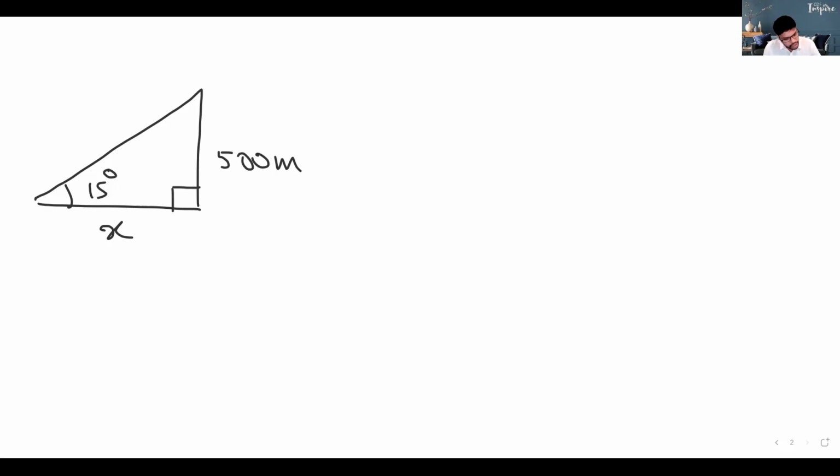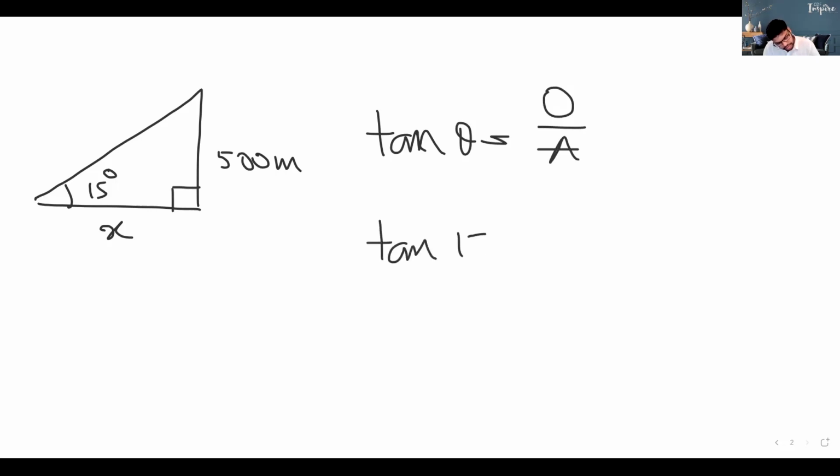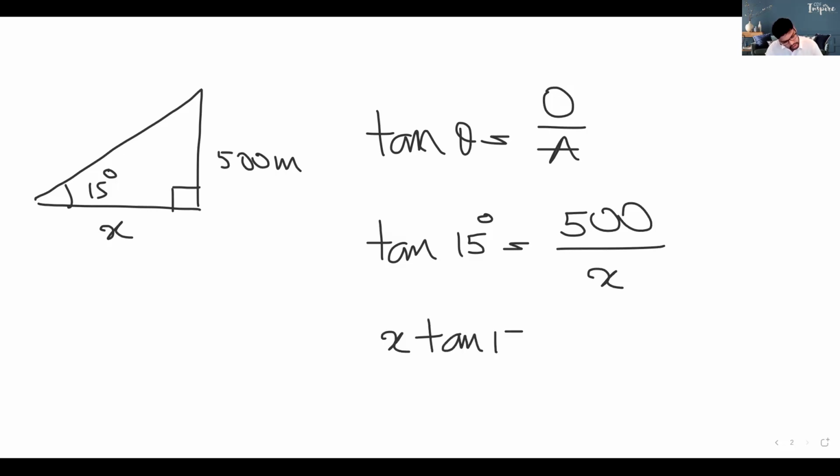We use the tan function because we know that tan theta is opposite over adjacent. So here we have tan 15 equals opposite 500 over adjacent X. Then we take X to this side and divide by tan 15.